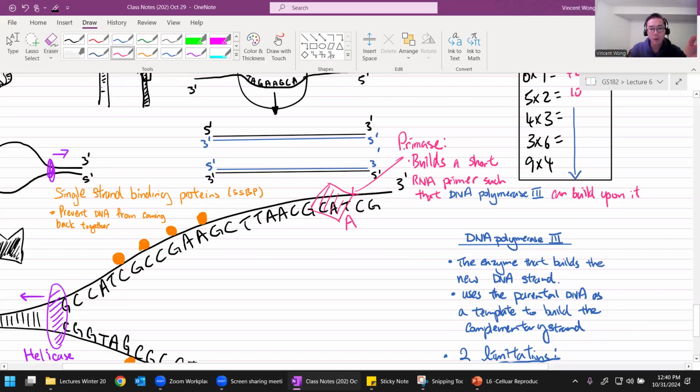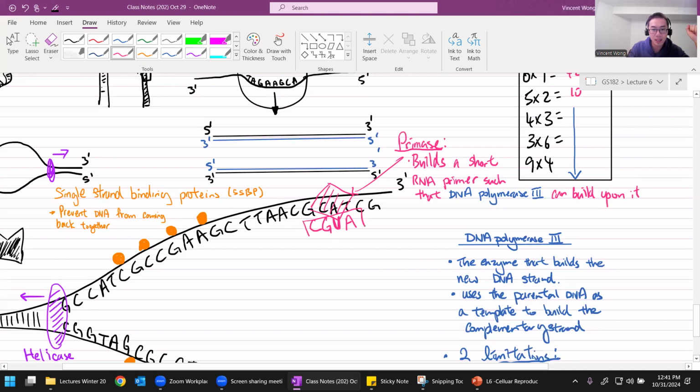However, the primase here is actually building an RNA primer. Again, nobody really knows why. That's just how the body works, right? So instead of pairing A with the T, it is going to pair up with a uracil. Okay? And then C is going to pair with a G, and G is going to pair with a C.